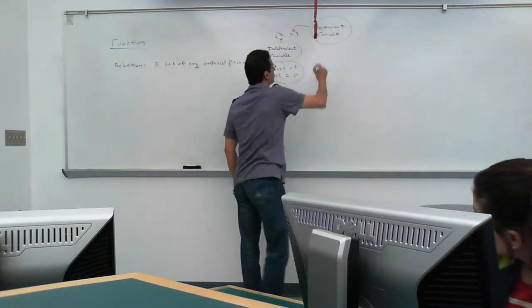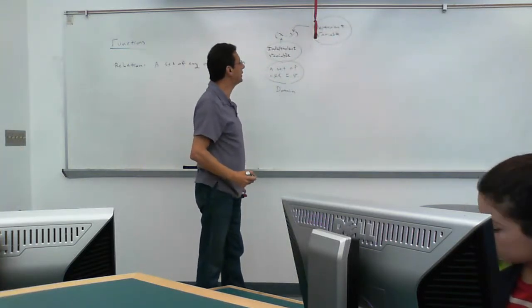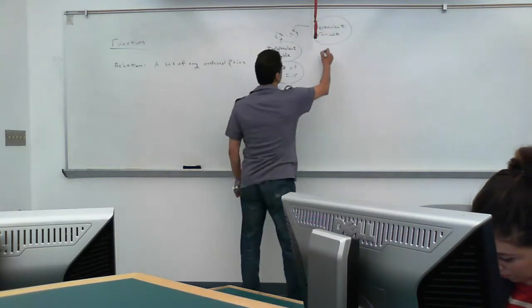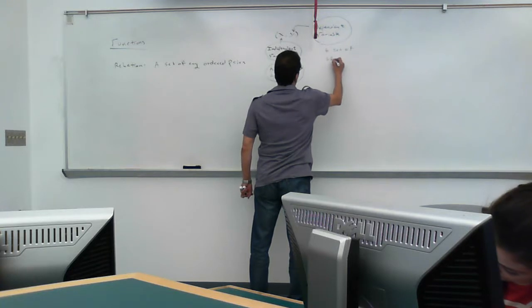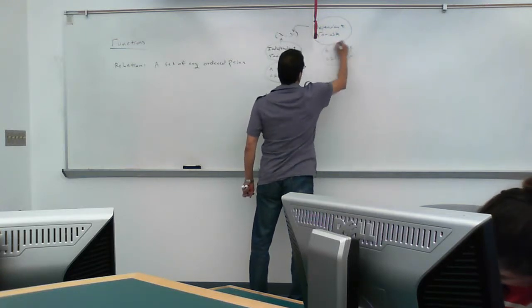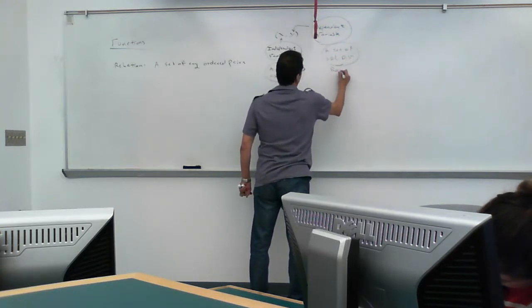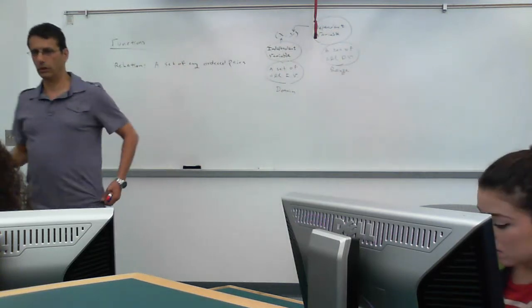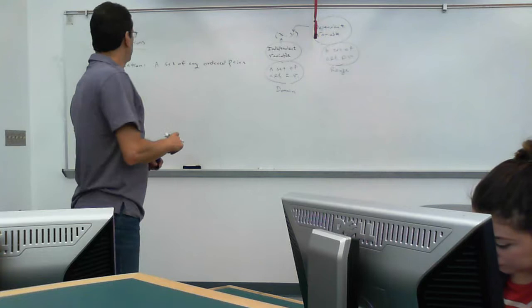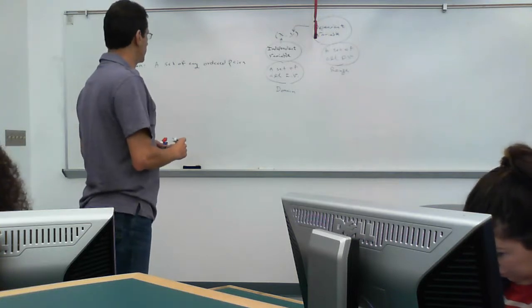The collection of all dependent variables is called the range. So a relation is basically any set of ordered pairs.